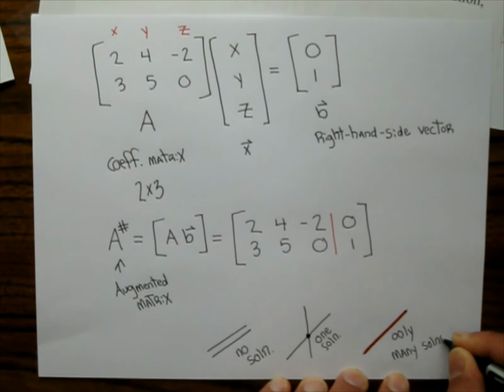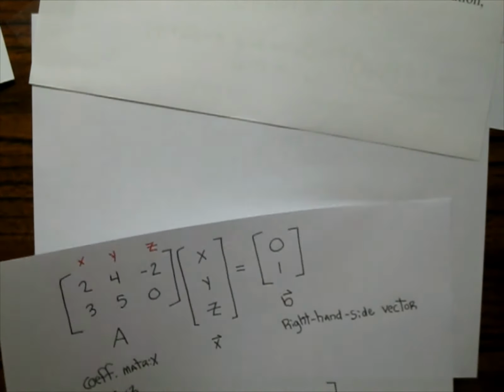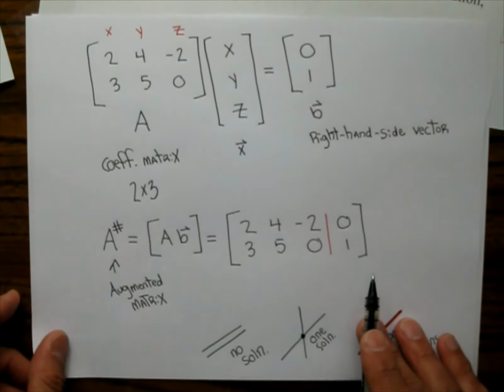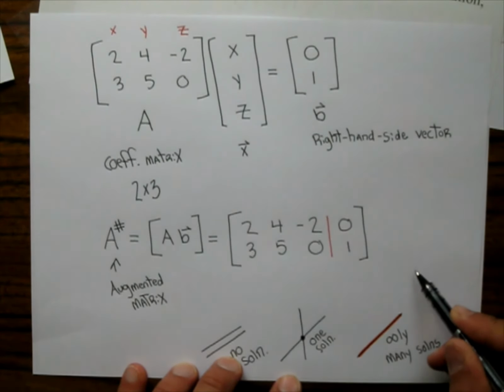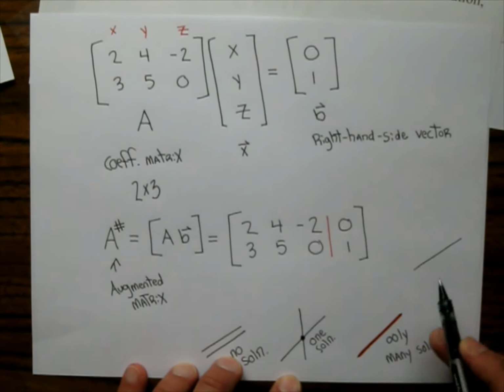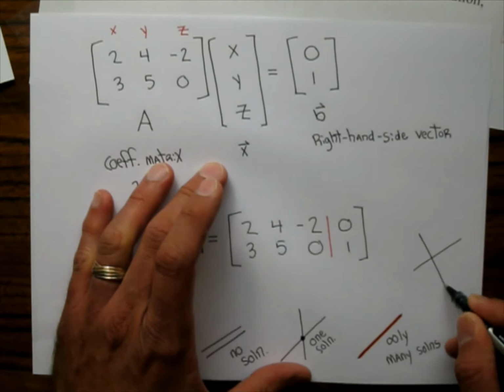So what the theorem says is that even if you have a higher system that has more variables, you'll still get no solution, 1 solution, or infinitely many solutions. Now, infinitely many solutions is like what we have on this example right here. And you could just have 2 planes, and let's just say one of the planes is coming out at you, and the other plane's doing the same thing.